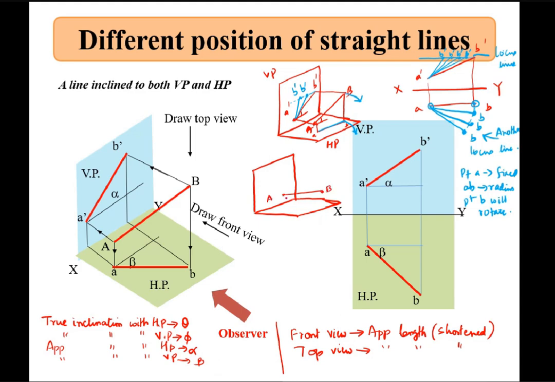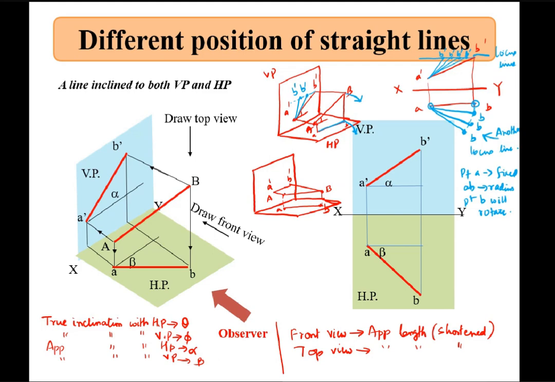So here what are you going to get? On the top view you are going to get AB like this, and in the front view you are going to get A dash B dash like this. So this is the case when the straight line is inclined with VP and parallel to HP.